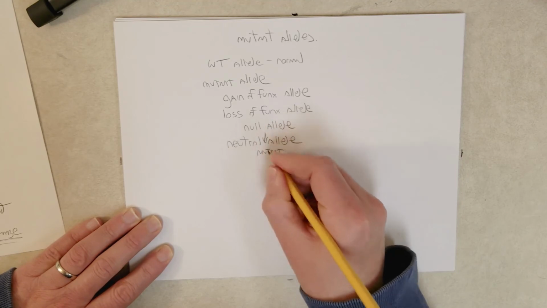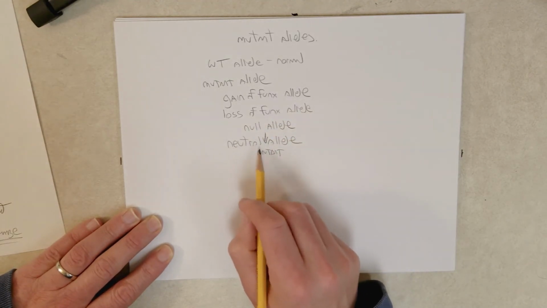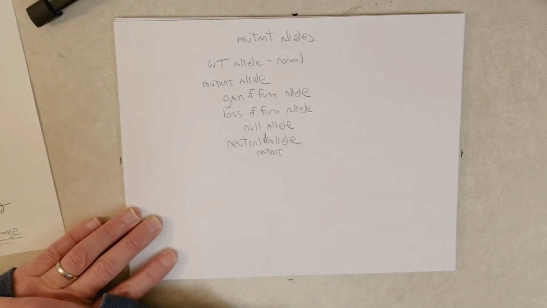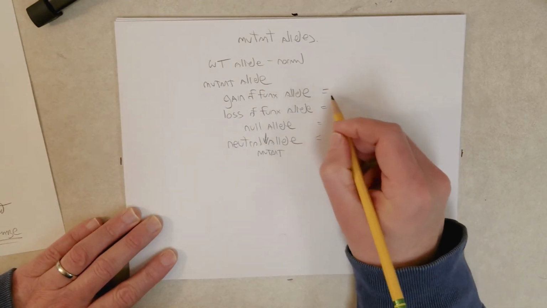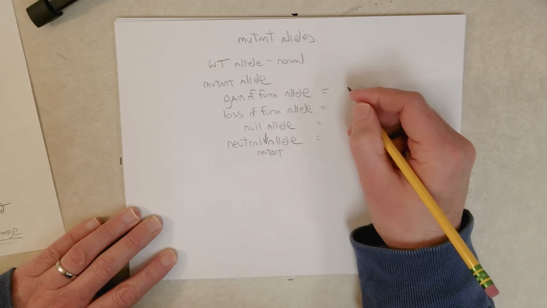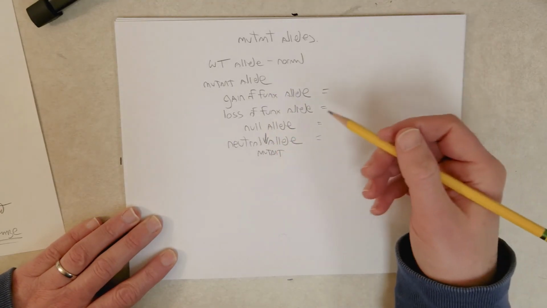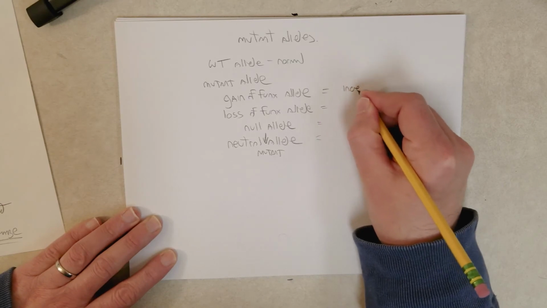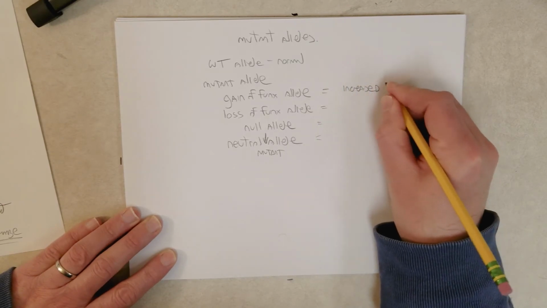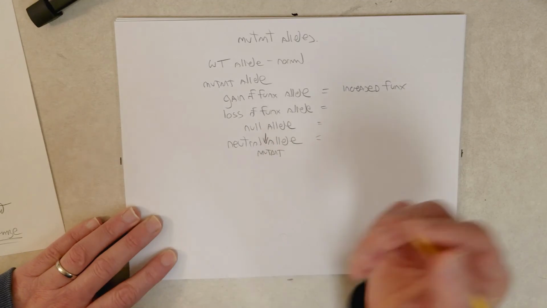With a gain of function allele, if the gene is a protein coding gene, gain of function would be increased function or new function.